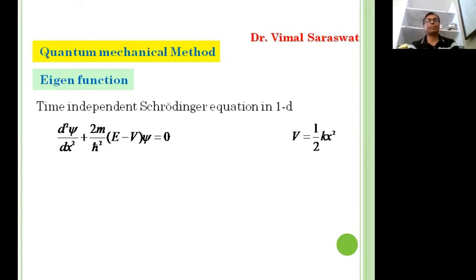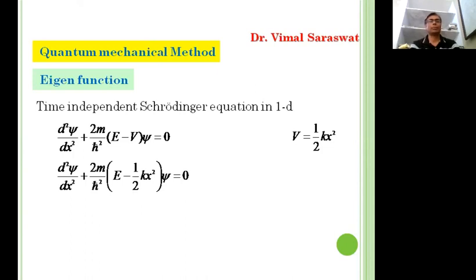Since in case of simple harmonic oscillator, the potential energy is given by half kx square, if we substitute the value of V from here to here, then the equation will be d2 psi by dx2 plus 2m upon h cross square (E minus half kx square) psi is equal to 0. This 2 and 2 will cancel out.